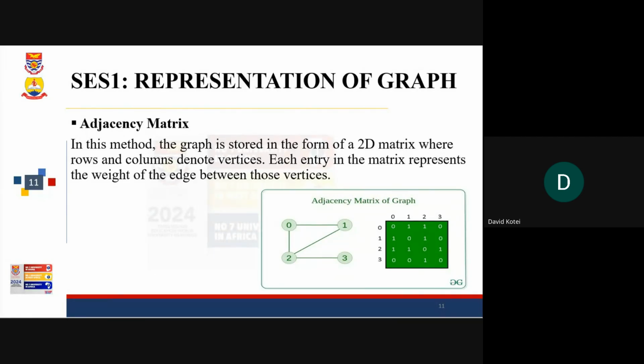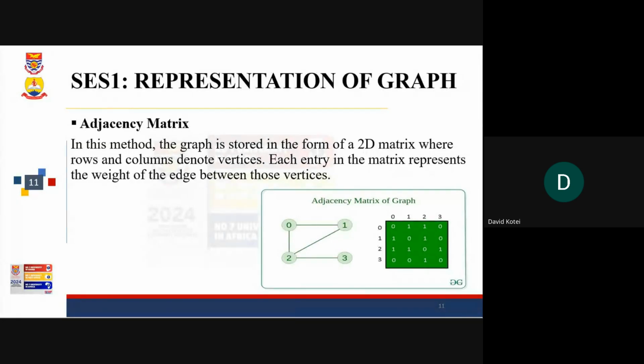You could see that in the graph we have 0, 1, 2, and 3. From what we just learned, with the matrix, the rows and columns are presented with the vertices. That's why on the column side we have 0, 1, 2, and 3, and on the row side we have 0, 1, 2, and 3.